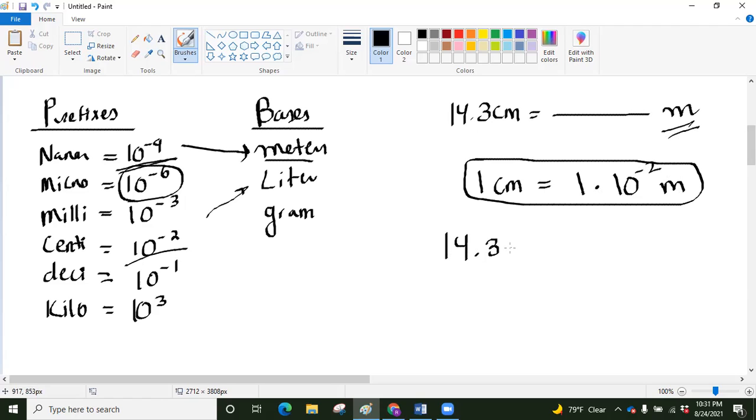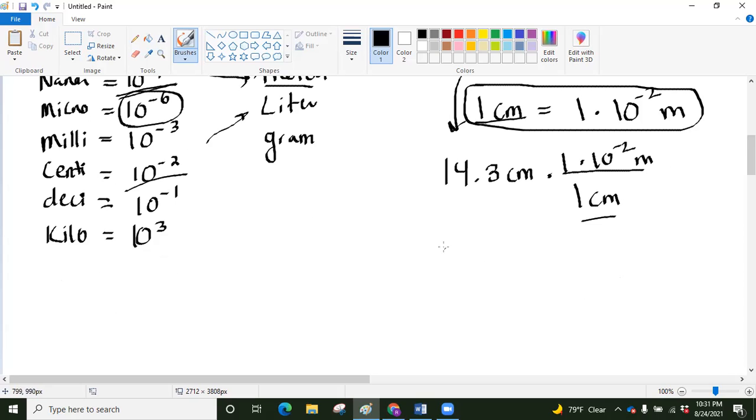We'll say 14.3 centimeters, we get what we start with. And that is going to be 1 centimeter is equal to 1 times 10 to the negative 2 meters. So we're using this conversion factor because if I had put this here, then that wouldn't work. And then our centimeters cancel out. We're left with 14.3 times 10 to the negative 2.